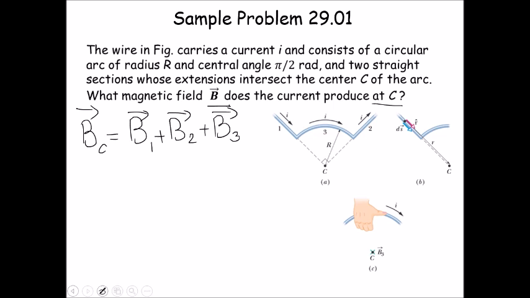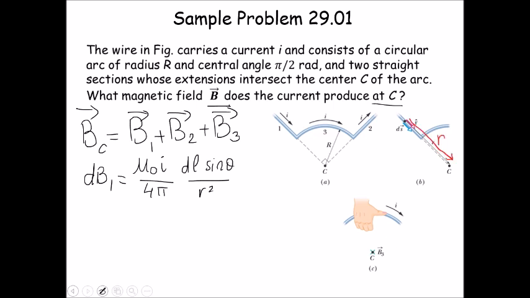So let's calculate now B1. Let's see dB1, using Biot-Savart Law: mu 0 I, we have the same current circulating, over 4 pi dl sine theta over r squared. That's the straight part. We take an element length here, dl, and what is r? r is the distance from the element length to the point.